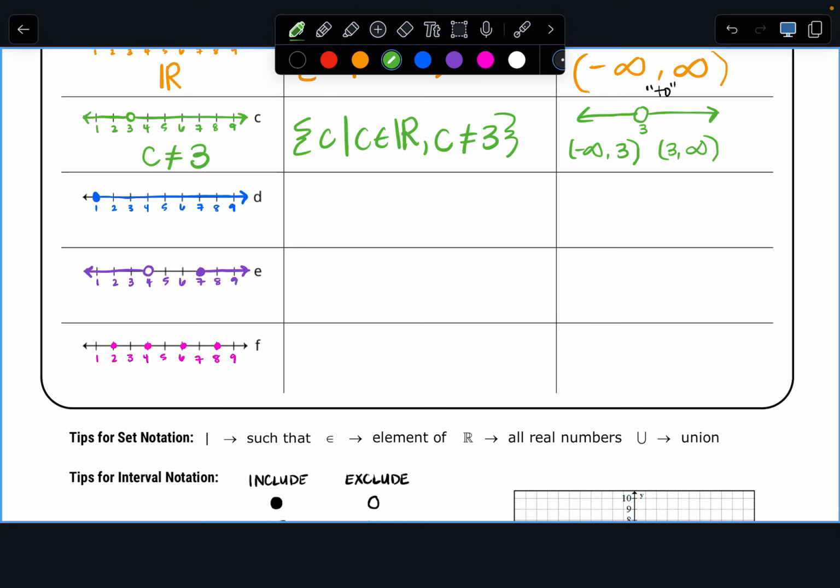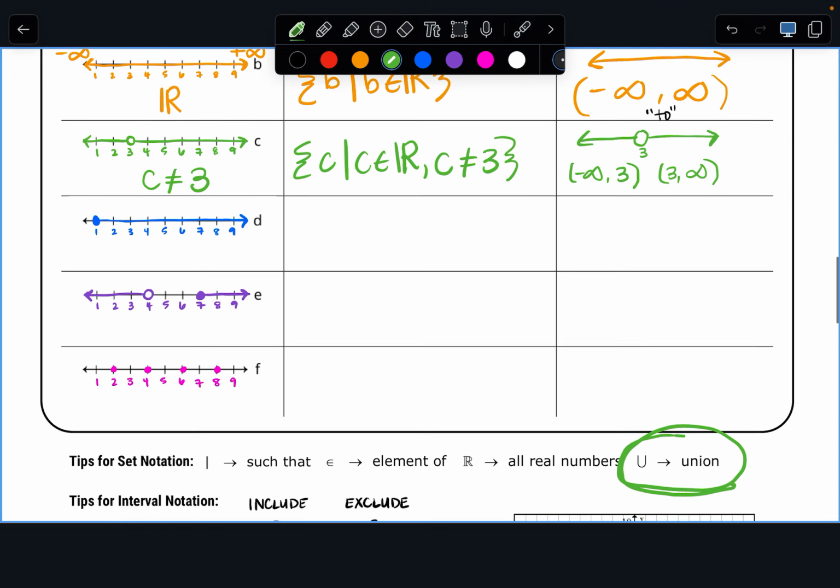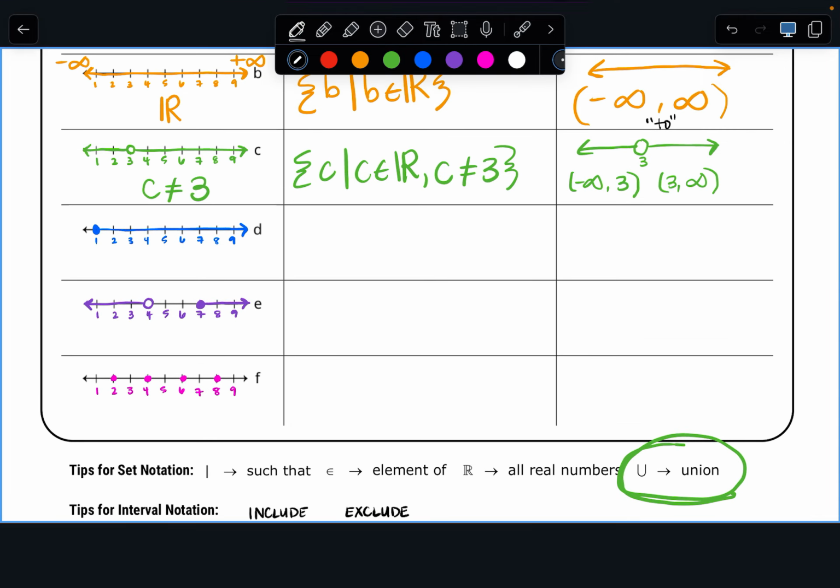Now, in interval notation, there's one little thing that we have to include in between the two sides, and that's what we call a union. At the very bottom of your page, you'll see it looks like a little U. It is a U. You can draw it like your regular U's if you prefer. But that union is what's going to go in between your two sides.